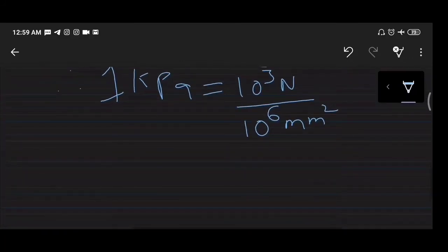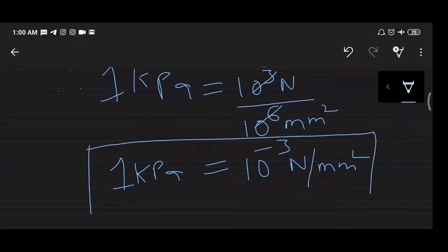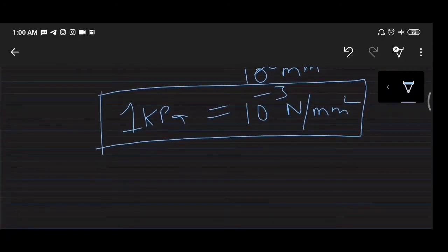So we can write 1 kilopascal equals, the 3 gets cancelled, 10 to the power of minus 3 Newton per mm square. So wherever in numericals the question asks for kilopascal, we can simply write 10 to the power of minus 3 Newton per mm square.